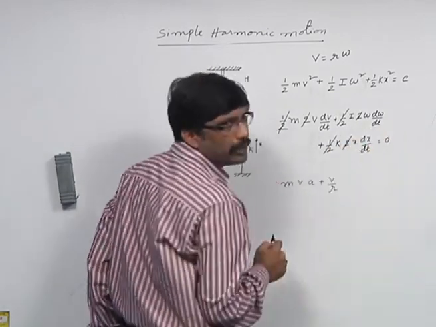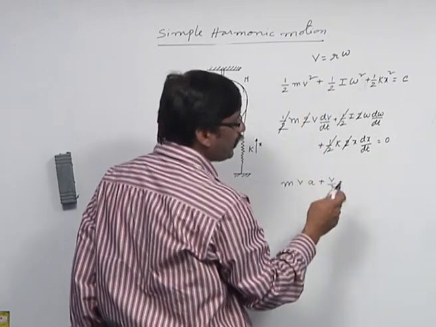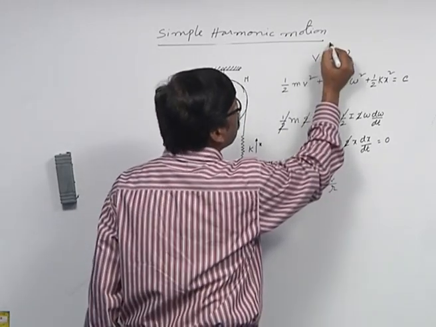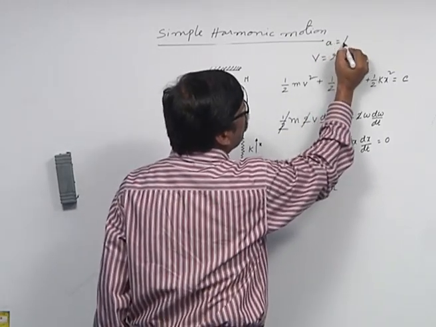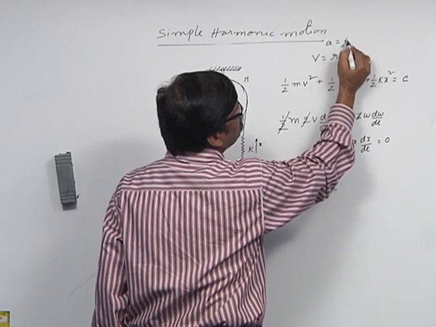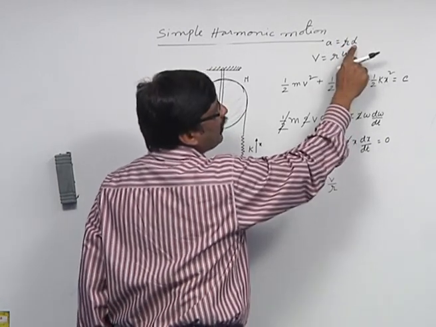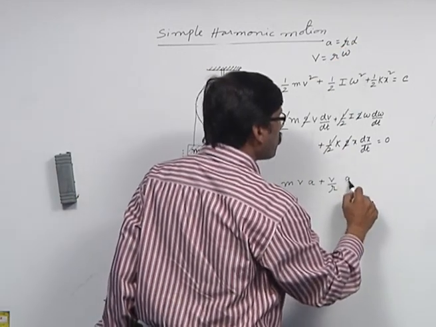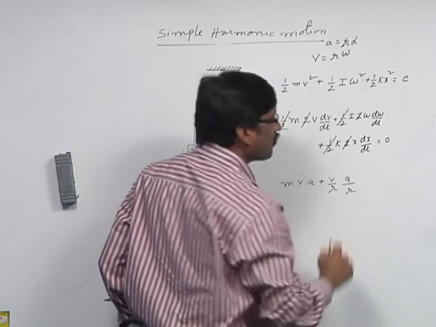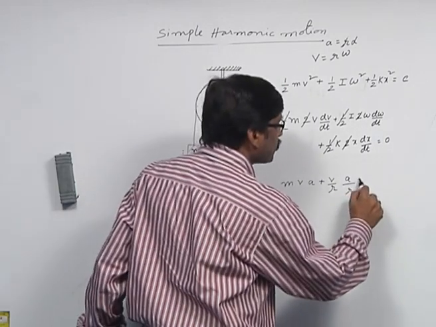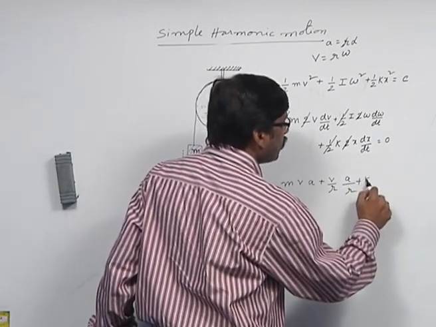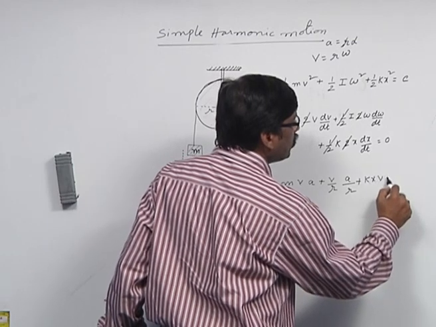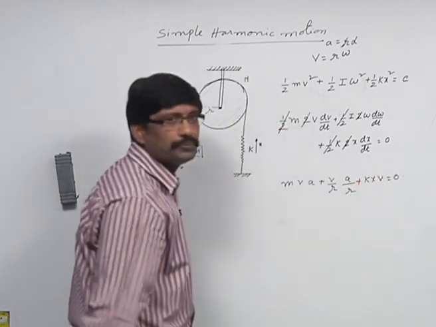What is d omega by dt? It is angular acceleration. A is equal to r alpha. So, alpha is angular acceleration, alpha is equal to a by r, plus kx into v is equal to 0.